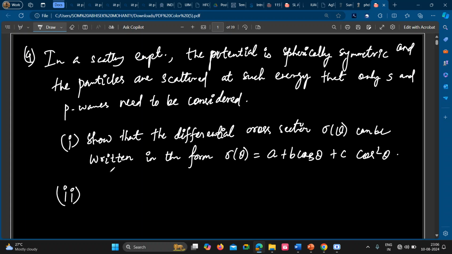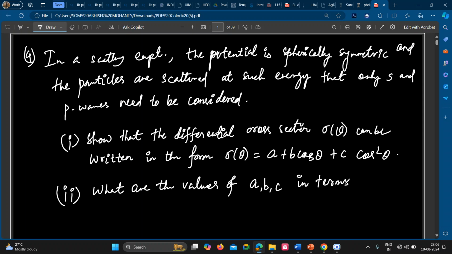The second question is, what are the values of a, b, c in terms of phase shifts?